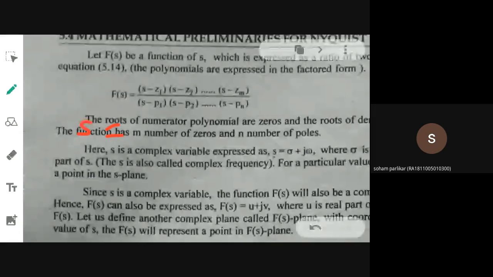S is equal to sigma plus j omega. Sigma and omega are the two coordinates when it comes to your S plane. The real coordinate is sigma. The imaginary coordinate is omega. This is all for an S plane.